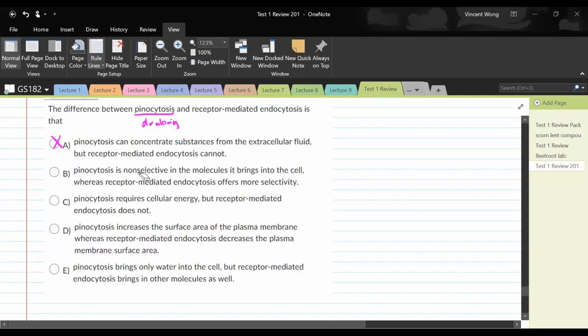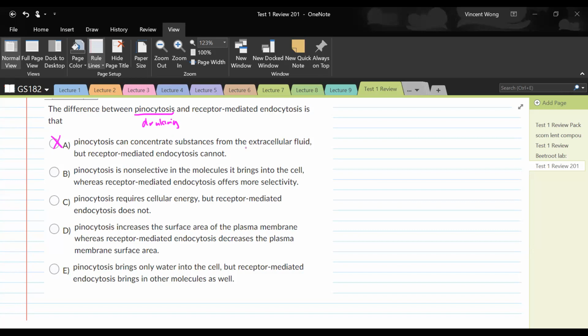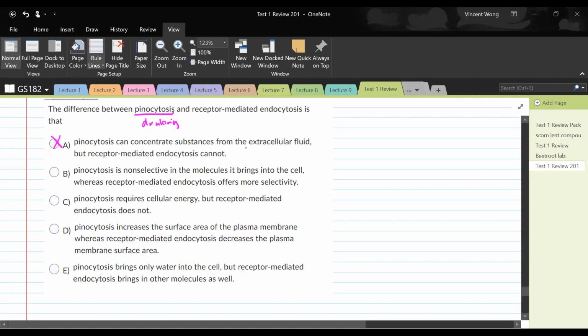It's just fluid. It doesn't really choose. When you bring in the fluid, you might accidentally bring in some other stuff. Think of it like drinking from a dirty pond with a straw.